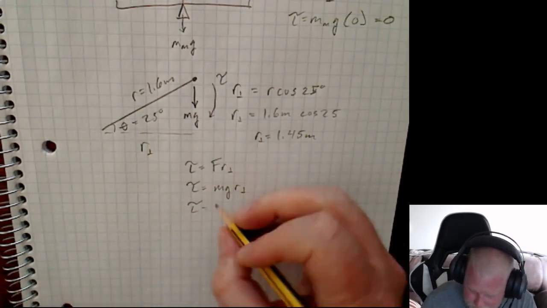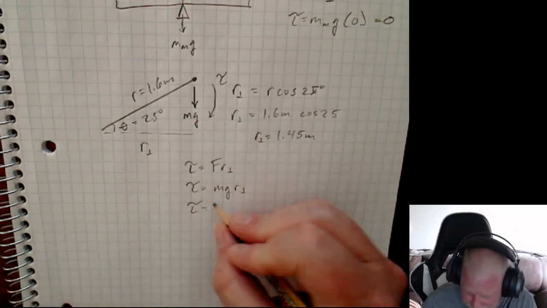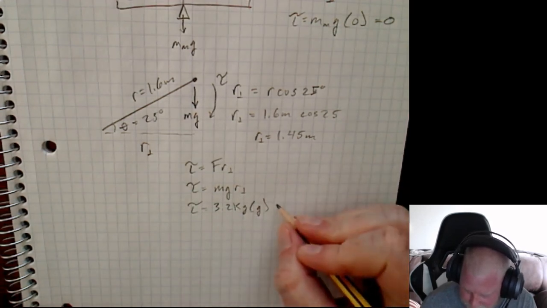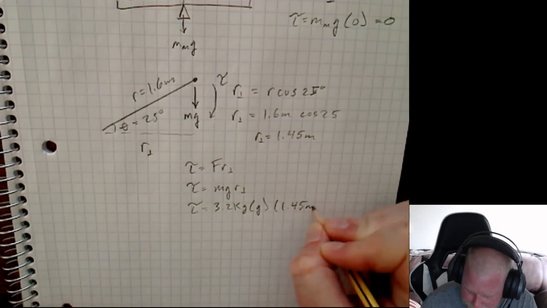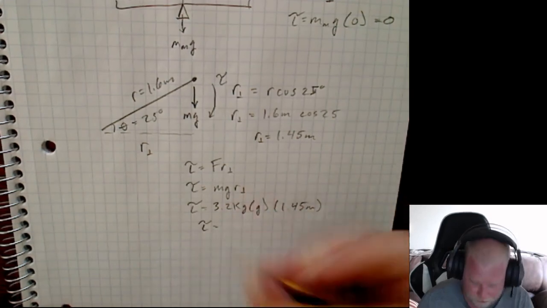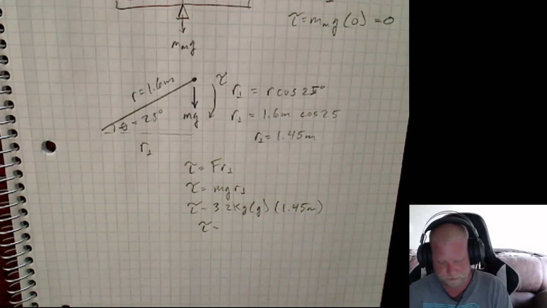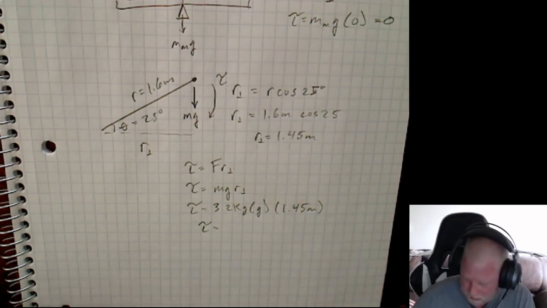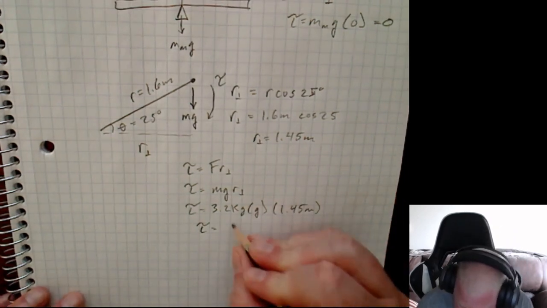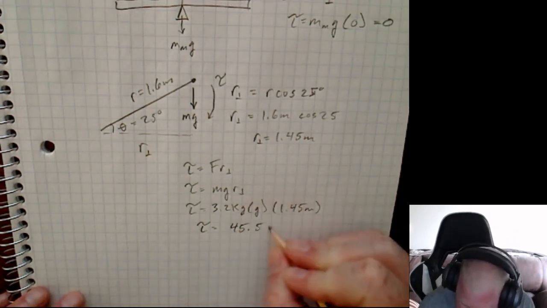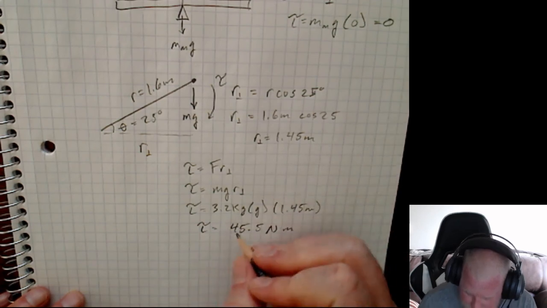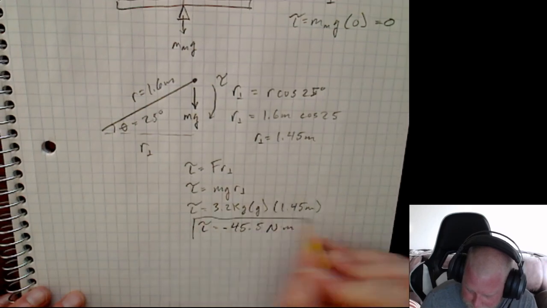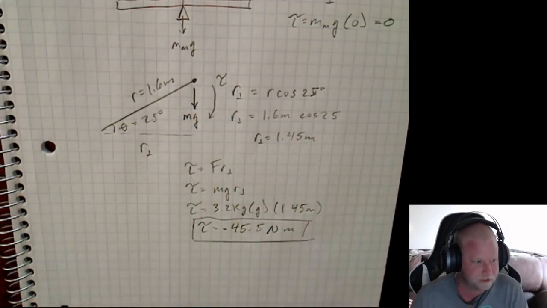So the torque would be the mass, 3.2 kilograms, times 9.8 meters per second squared, times 1.45 meters, which gives us a torque of 45.5 Newton meters. Since it's clockwise, it'd be negative. And there we go.